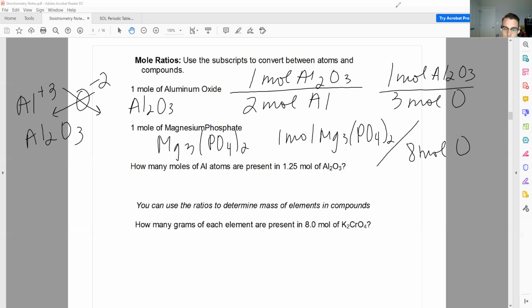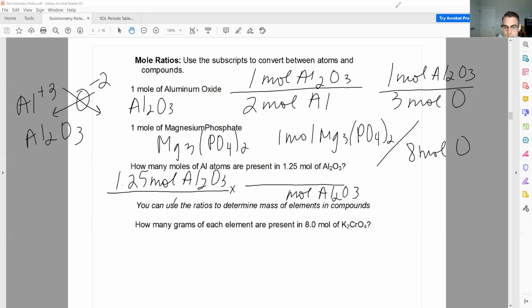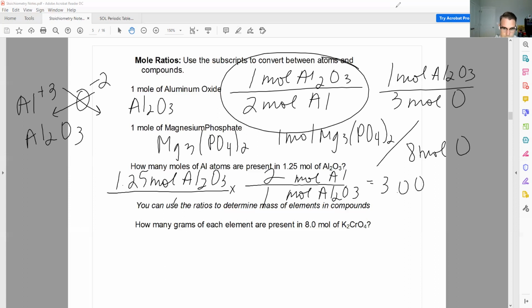So I can use those mole ratios to do a problem like this one. How many moles of aluminum atoms are present in 1.25 moles of aluminum oxide? Start with what you're given. Moles of aluminum oxide go on the bottom, and I want to go to moles of aluminum. So that would be this one right here. For every 1 mole of the compound, I have 2 moles of aluminum. So that answer is going to end up being 3.00.